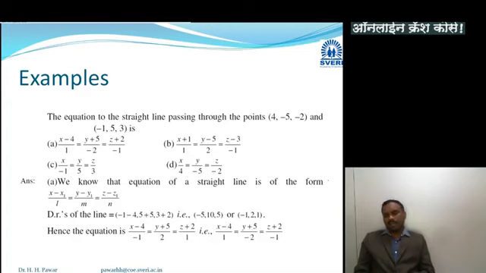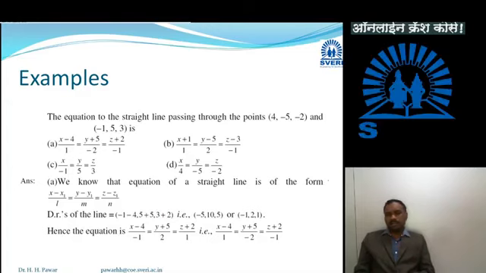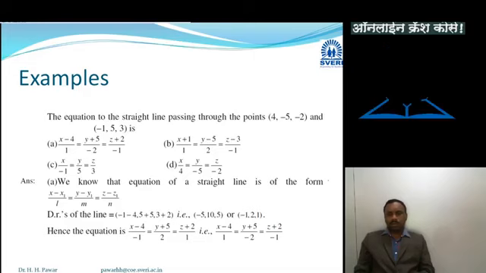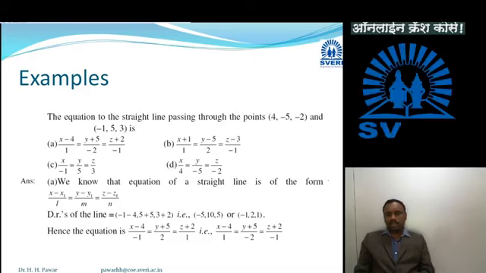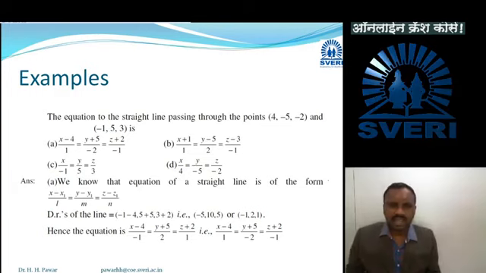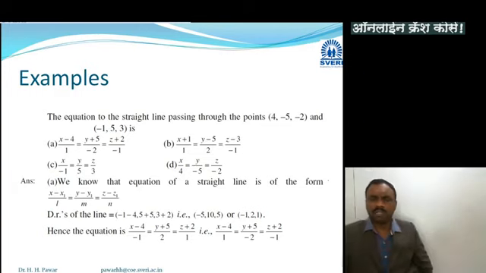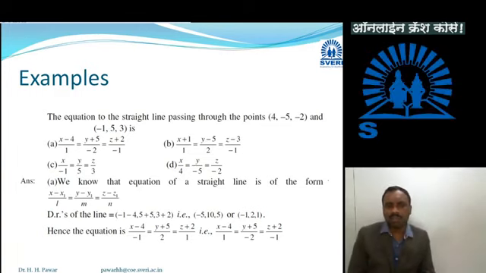By dividing 5 we'll get minus 1, 2, 1. So equation should be x minus 4 upon minus 1 equal to y plus 5 upon 2 and z plus 2 divided by 1.